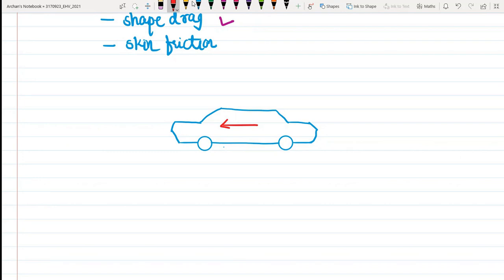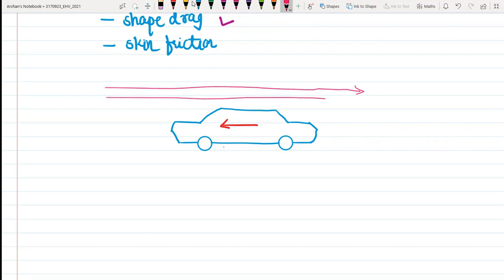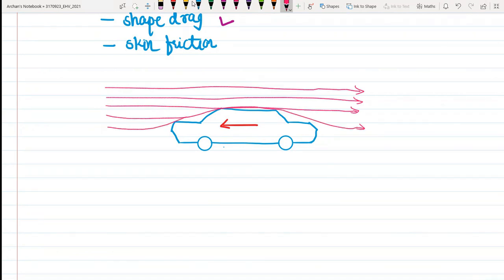Now what will happen when the car is moving in this particular direction? At that time the airflow will be in this direction. This is the way the air is flowing. Now here, whenever air comes over here, it will flow in this particular direction, like this.